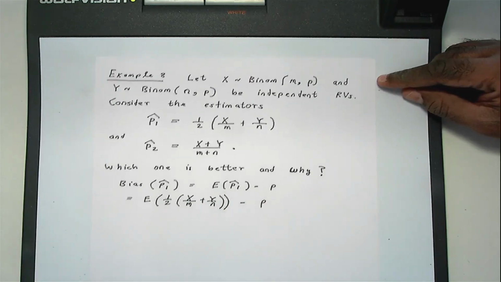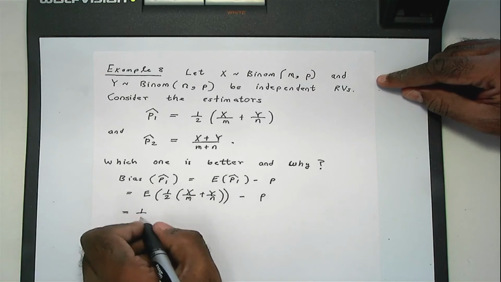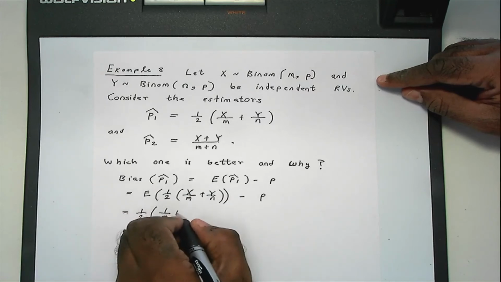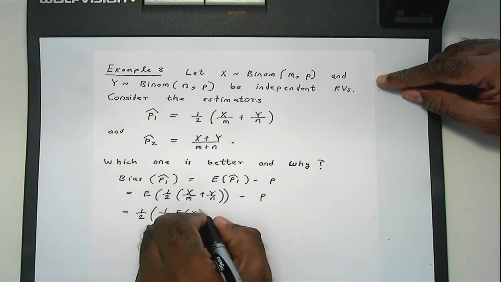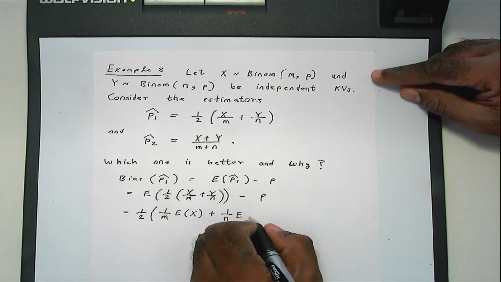Right, taking the expectation inside, you have half times 1 over m times the expectation of x plus 1 over n times the expectation of y.